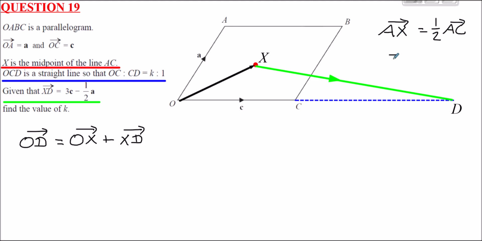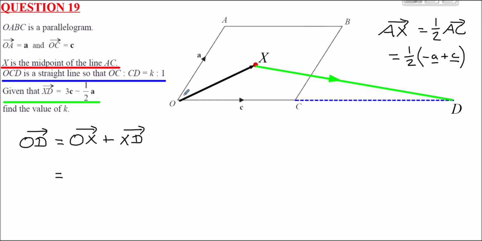And then to go from A to C, I'd have to go from A to O. A to O is along A but in the opposite direction, so that's minus vector A. And then from O to C is just vector C. And so that's AX.